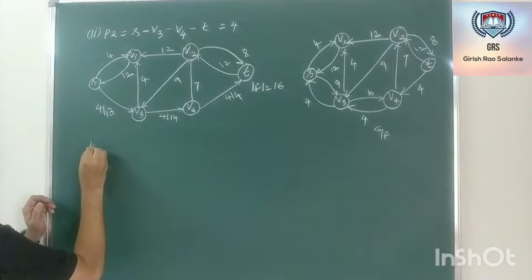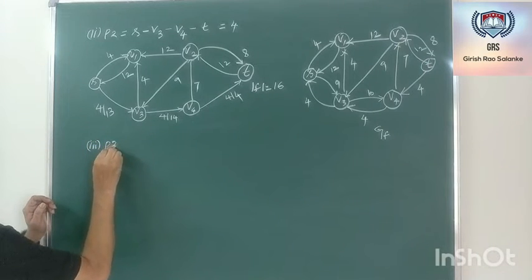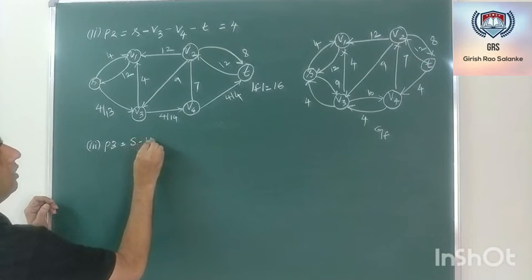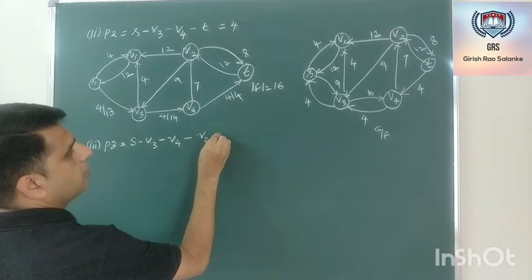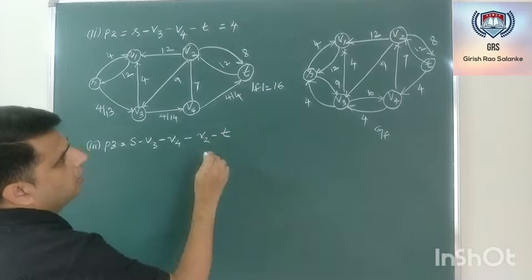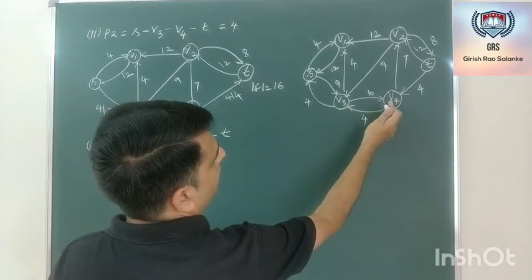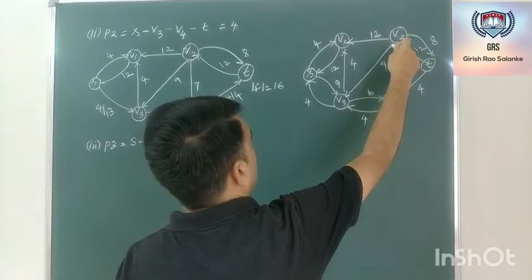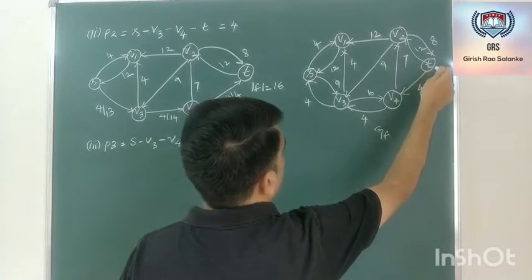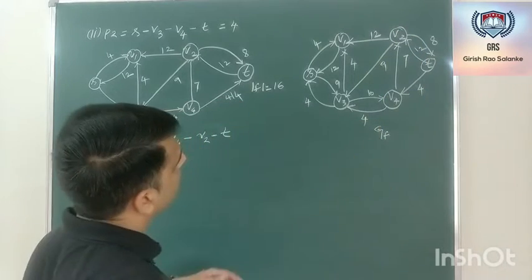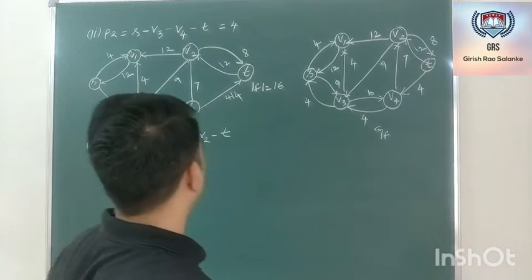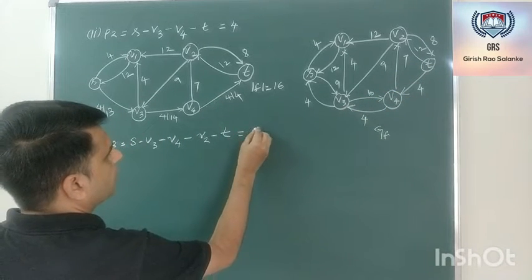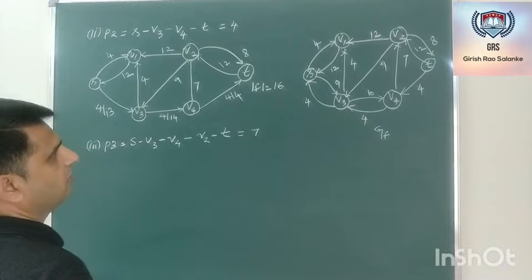So I'll consider S to V3, V3 to V4, V4 to V2, and V2 to T. Now this was 9, 10, 7 and 8. What is the bottleneck capacity? Bottleneck capacity is 7.